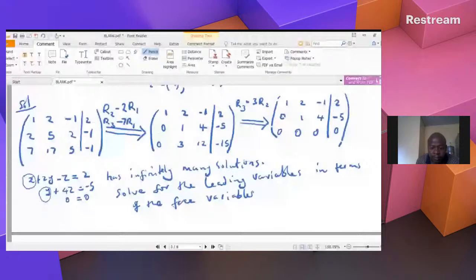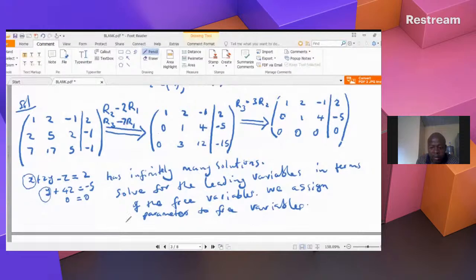What we do is assign parameters to free variables. A parameter will just be a constant.